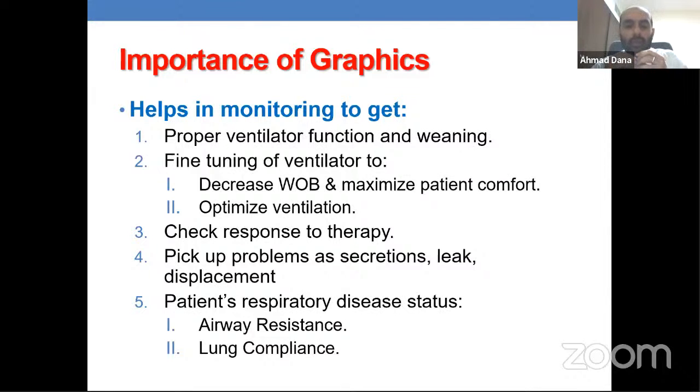With high resistance, you need a high pressure to overcome it so you can generate the flow.